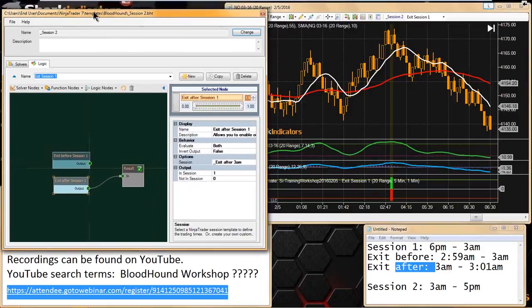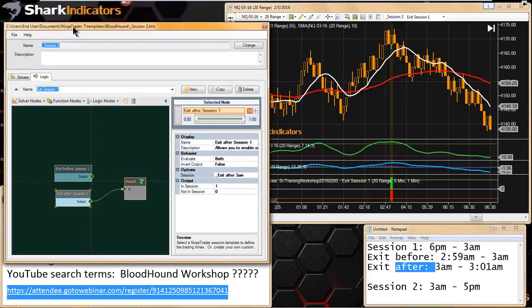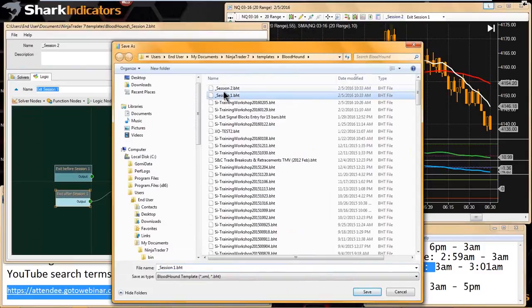What I just did is I had the Friday workshop with the date file name up here, and then I hit the change button and did a save as to make session 1 and session 2.